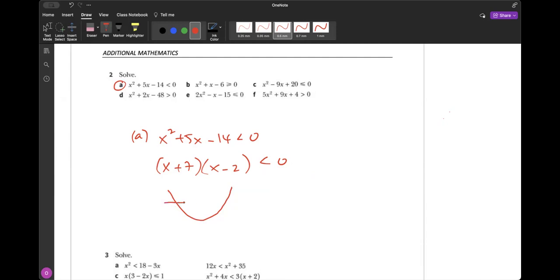What numbers? -7 and 2. Then what is the answer? Above the line or below the line? Below, less than. This is less than. Below the line, right? How to write the answer? Between. Okay, in between.